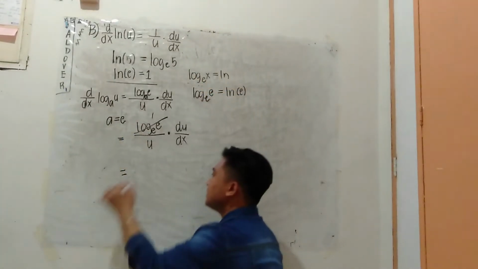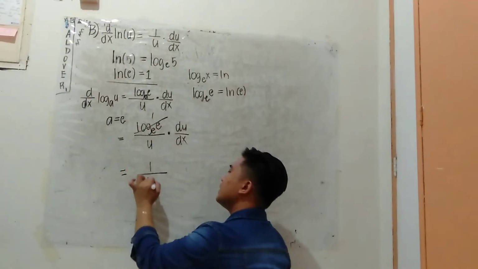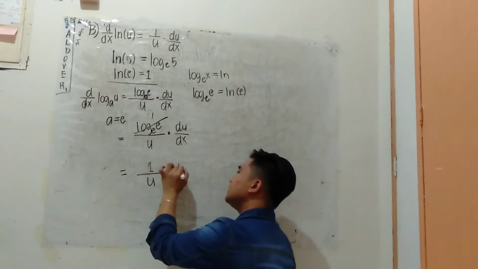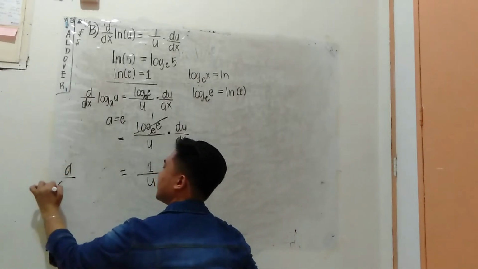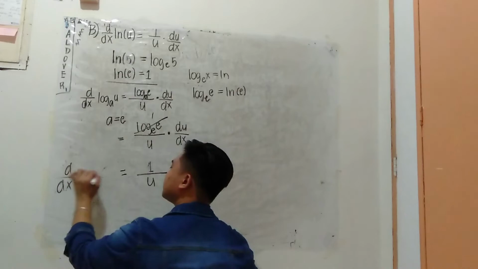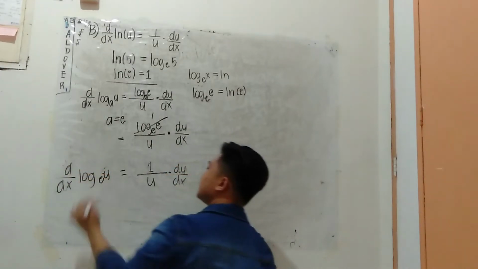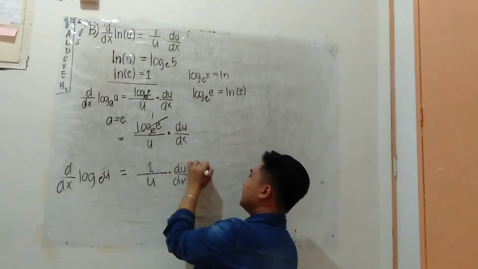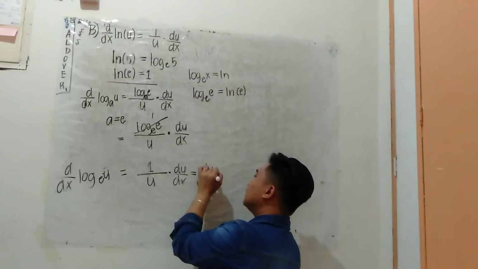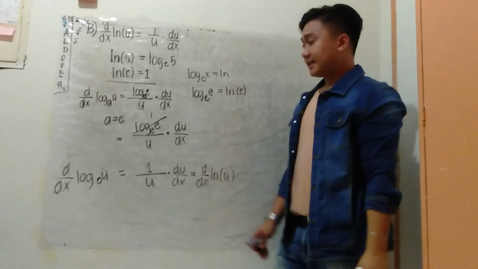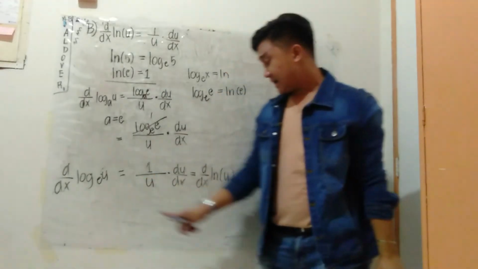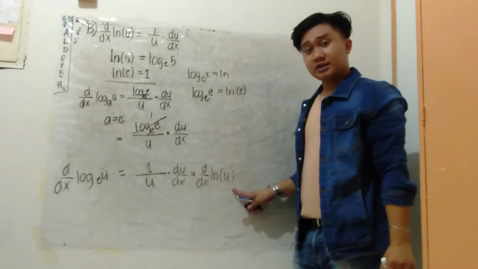So as you can see, we can derive 1 over u times du dx. So this is the derivative of log of u to the base e, or simply, that is the derivative of ln of u. Okay? Remember, when the base is e, that is ln, the natural logarithm.